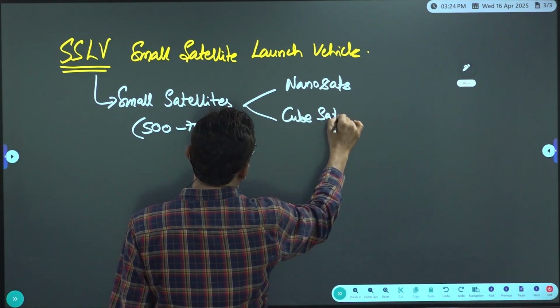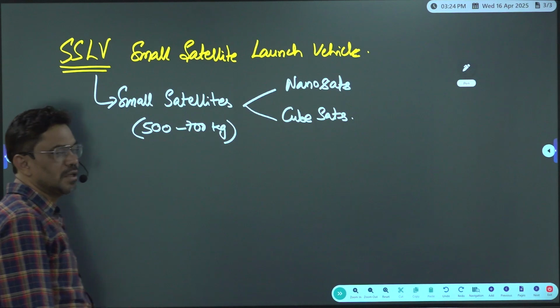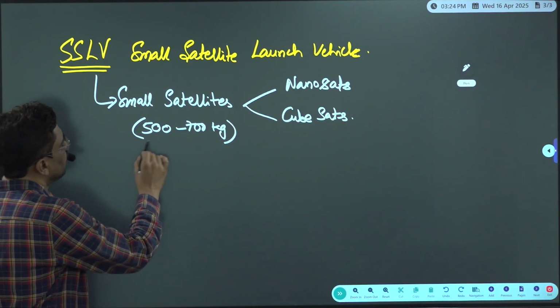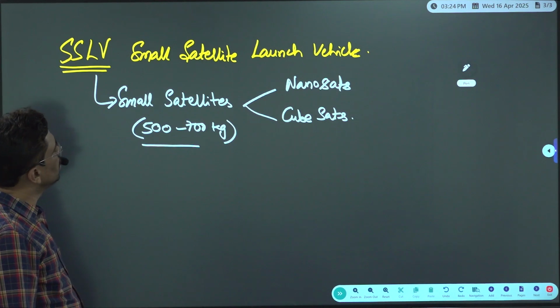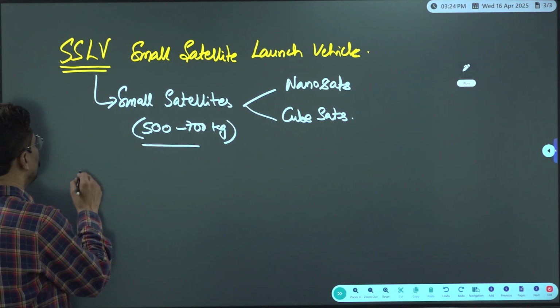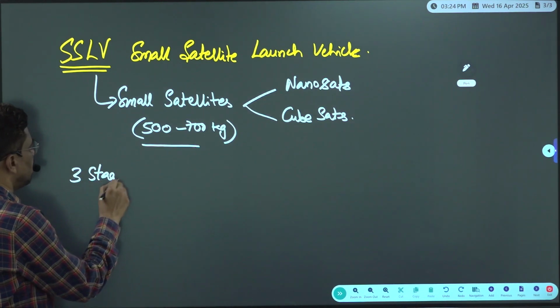So satellites with a weight of nearly 500 to 700 kgs can be launched with the help of this SSLV. It is a 3-stage solid propellant rocket.